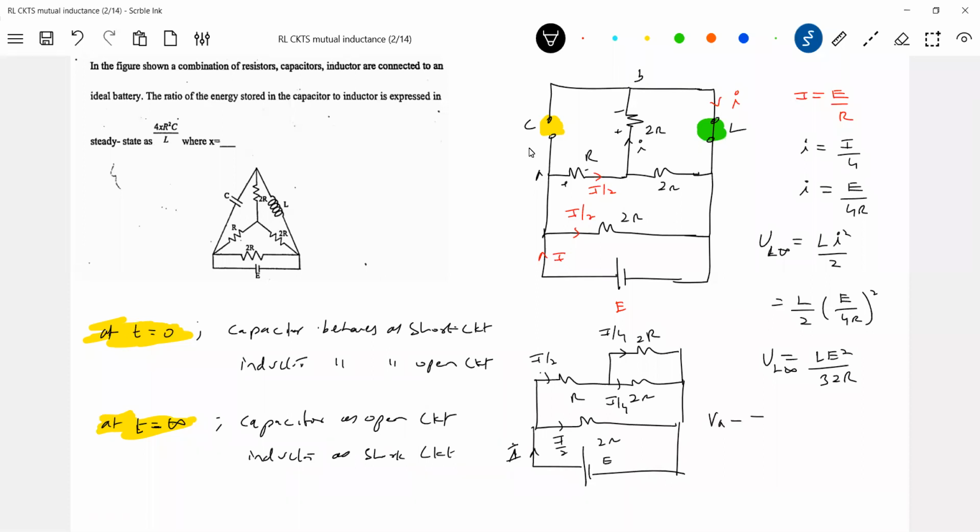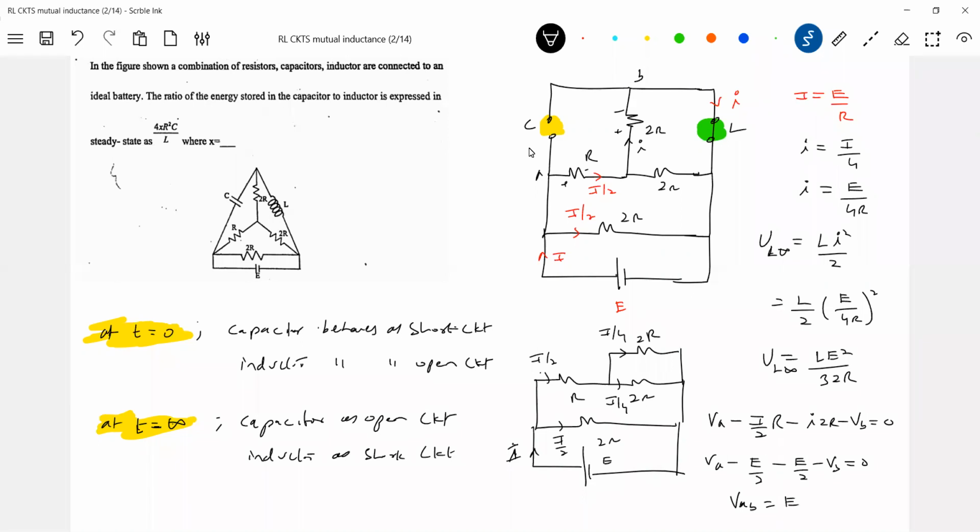VA minus (I by 2)R minus I into 2R minus VB equal to 0. I is E by R, this is E by 2. VAB is equal to E.